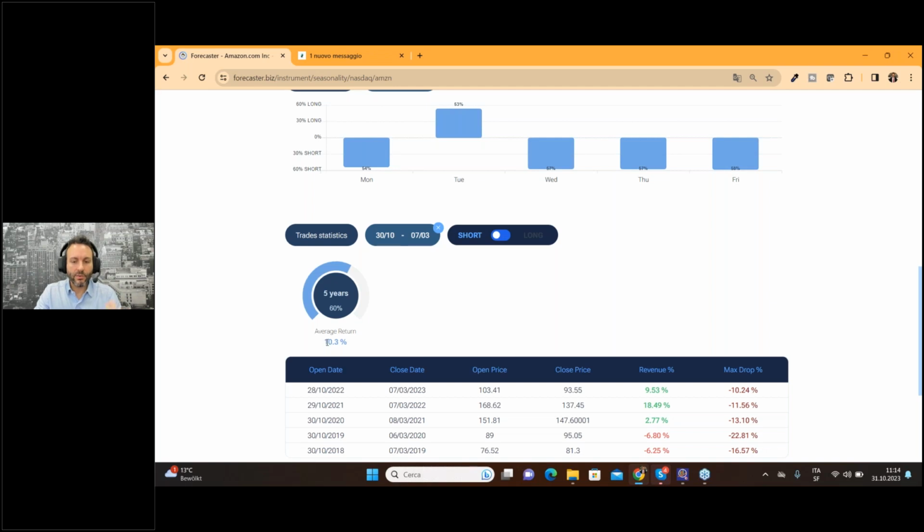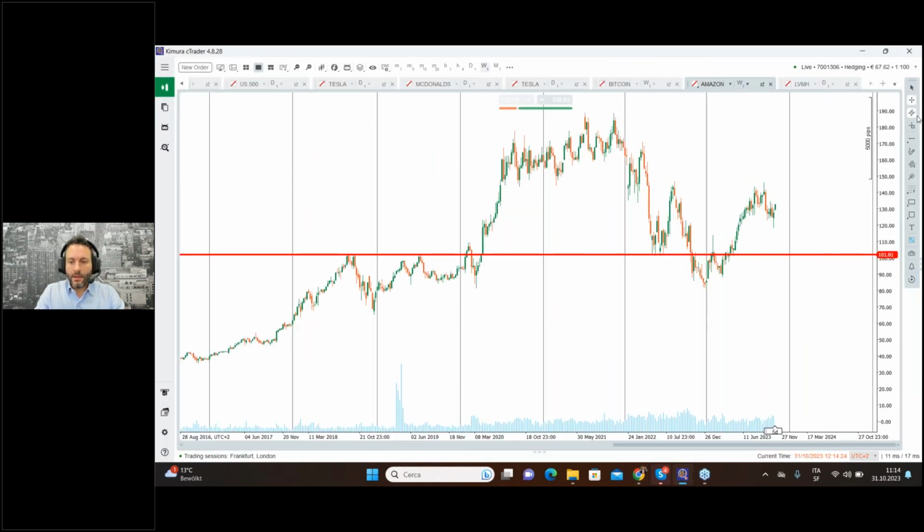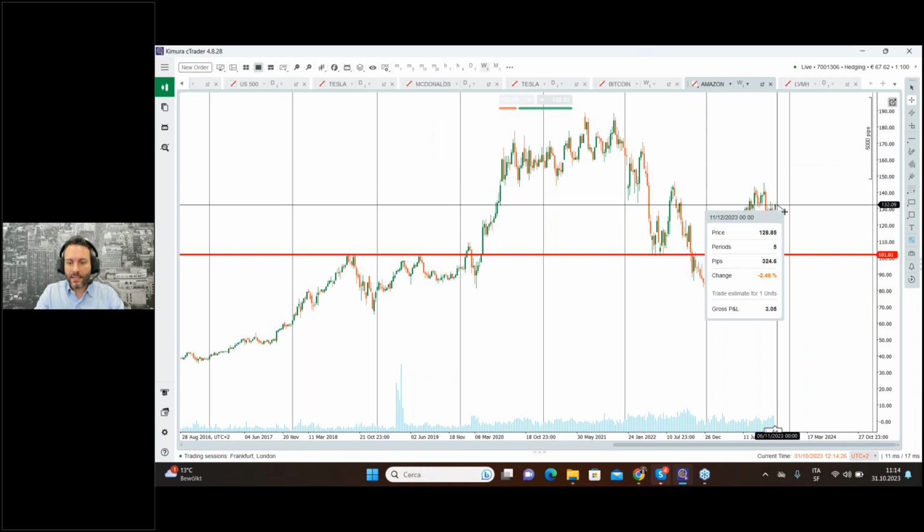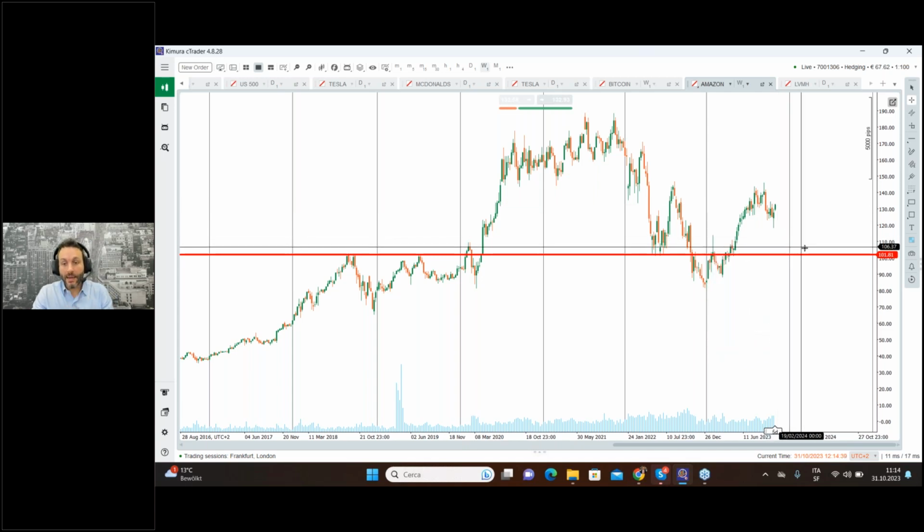Okay, we see it here. Let's go and see from current prices, a 10% would mean a return basically on the level of 110. So 110, which is very close, clearly, to fair value.